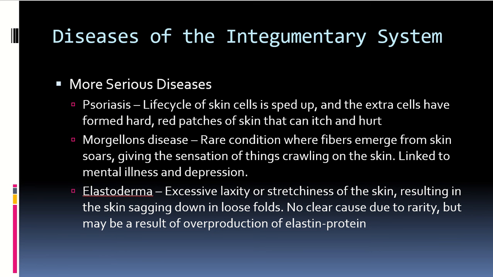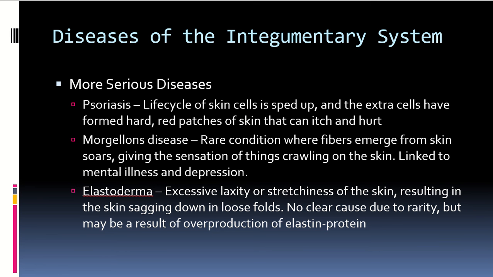There is Morgellons disease, which is a rare condition where fibers emerge from skin sores. So with damage in the skin, fibers will actually pop out, and it's a very creepy condition of the integumentary system, because with those fibers coming out, it gives the sensation of things crawling on the skin and sometimes under the skin.